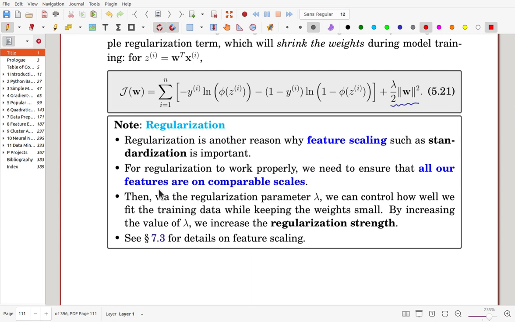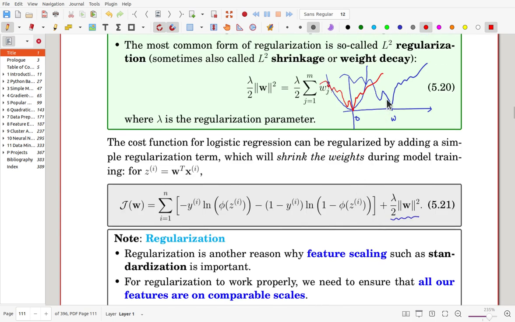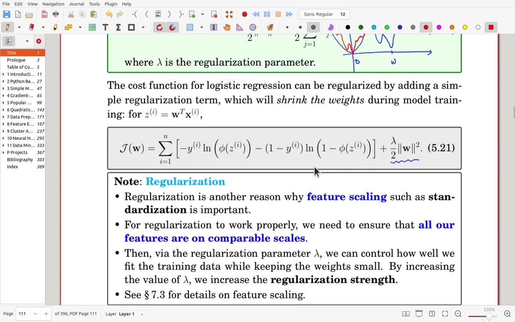For regularization to work properly, we need to ensure that all our features are on comparable scales. Like this one, if your data values are large in some portion and small in the other portion, the weights will be affected the same way. The value has some large component, so such regularization will make a really big difference, and optimization will not work well.